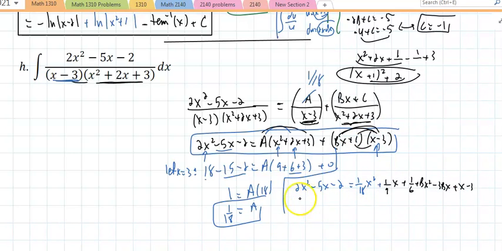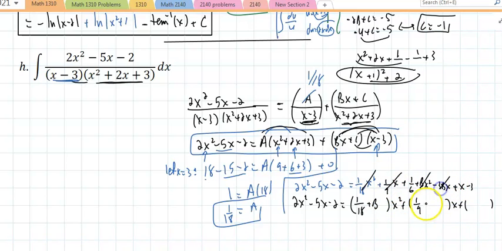So here I would say 2x squared minus 5x minus 2 equals. I want the numbers in front of x squared, the numbers in front of x, and the constants. In front of x squared, 1 over 18 plus b. In front of x, 1 over 9 and negative 3b.